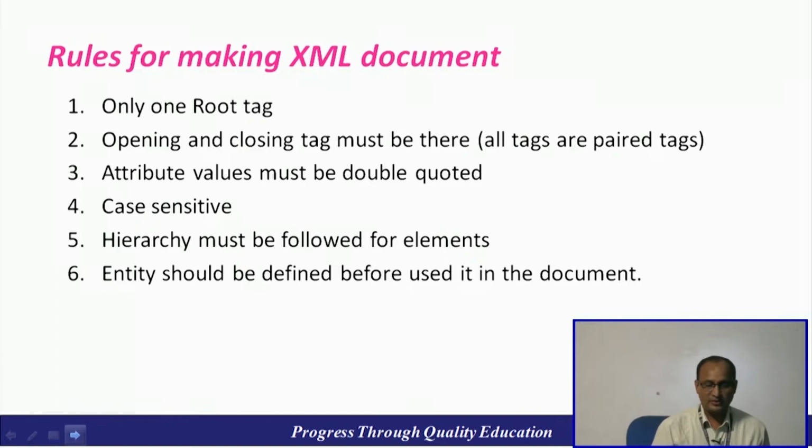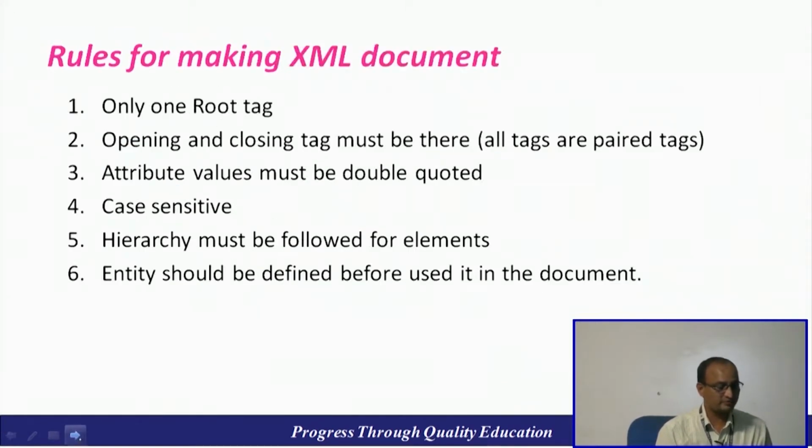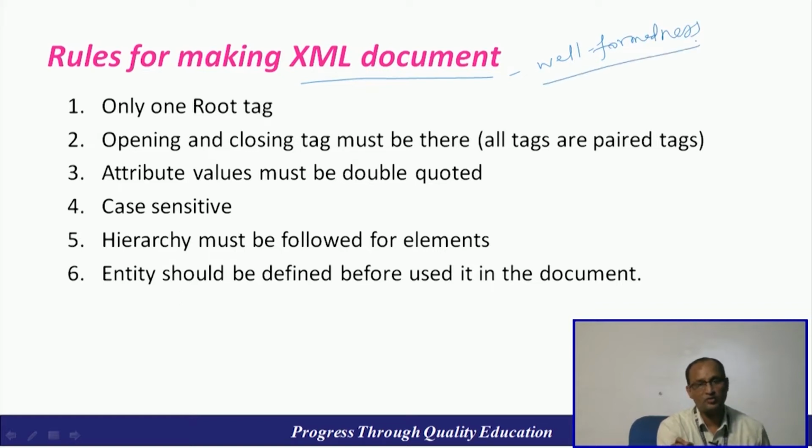We have rules for making an XML document. What are the rules? Why do we need rules for making an XML document? Because we have to ensure the well formedness. What is that well formedness?